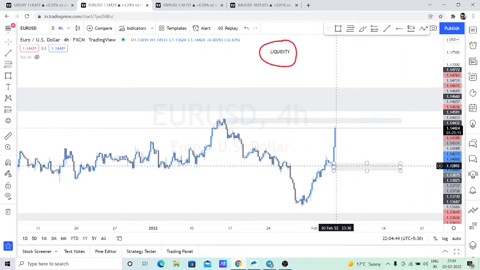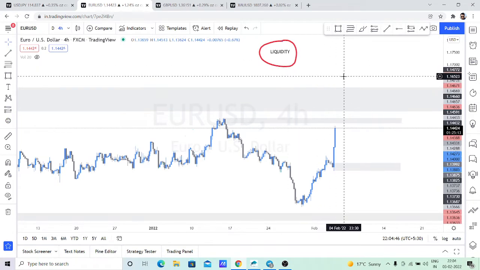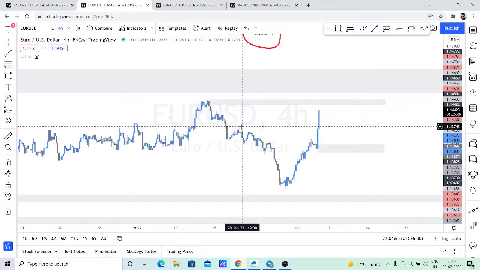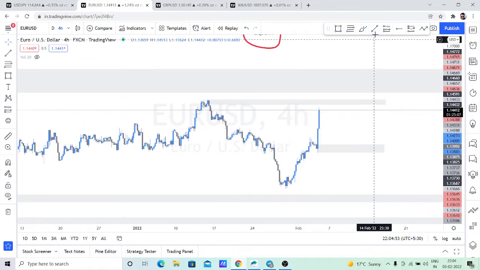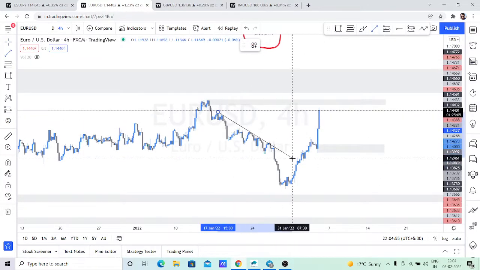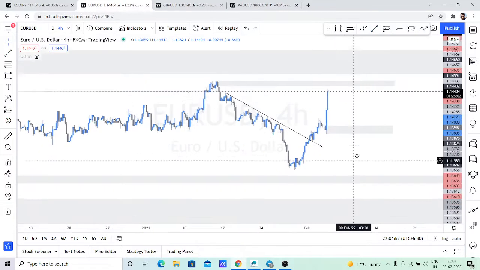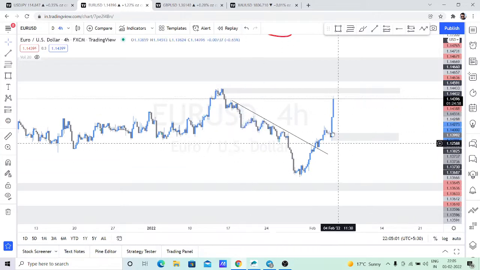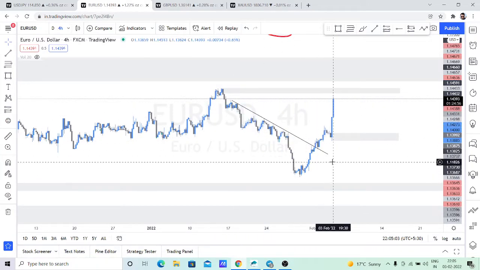Let me give you a quick example. What do you see here? Some kind of a trend line. Again, we won't be using any of those concepts, no trend line, nothing.